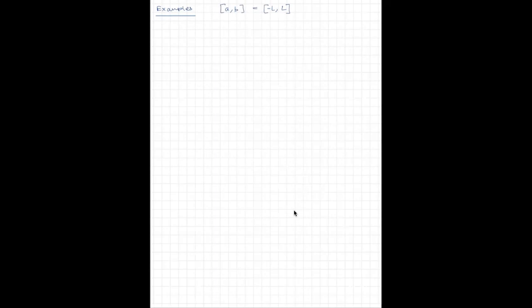That is, f of minus L is equal to f of L, f primed of minus L equals f primed of L. If we also choose p(x) equal to 1 and q(x) equal to 0, then the operator that we have in hand just reduces to d squared over dx squared.